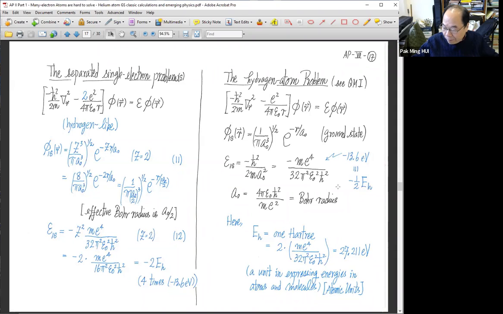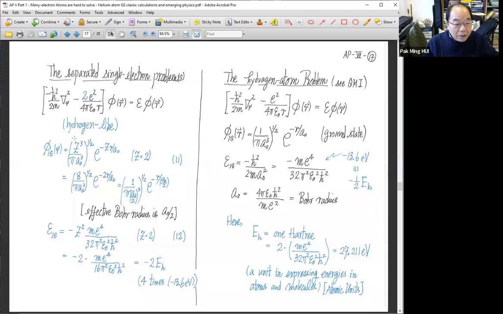So you can repeat the hydrogen problem by inserting a Z here and then solve all the problems again. The solution is something that I listed here for our purpose. If it's a Z here, then the ground state becomes this form. So hydrogen has Z equals 1. That's why you have a 1 here.